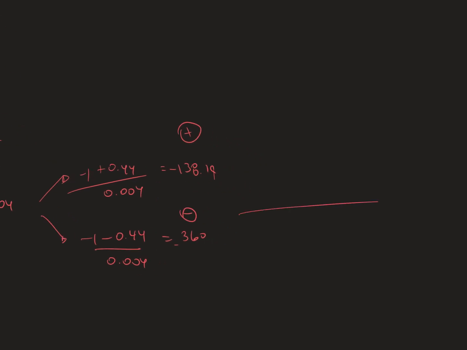So in the graph, we should have gotten something like this: a big number such as 360 and a negative answer. In this case, we're just going to call it the negative 138.